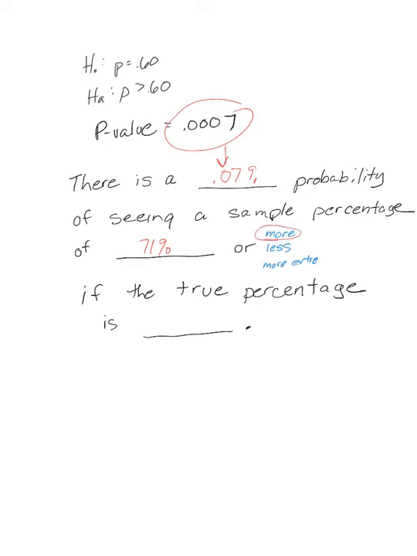Okay, so we'd say or more. Less if it was a less than test, or more extreme if it was a not equal to. If the null hypothesis is true, and the null hypothesis says the true percentage is 60%.